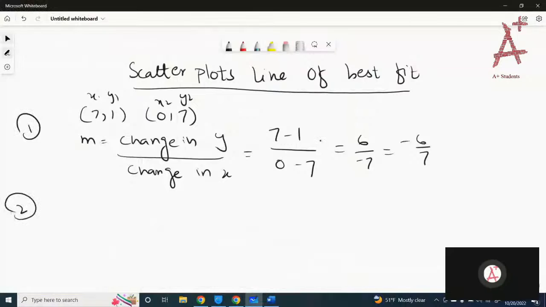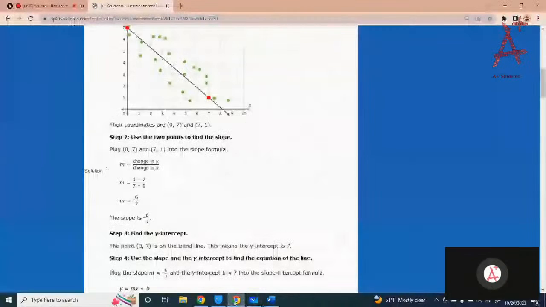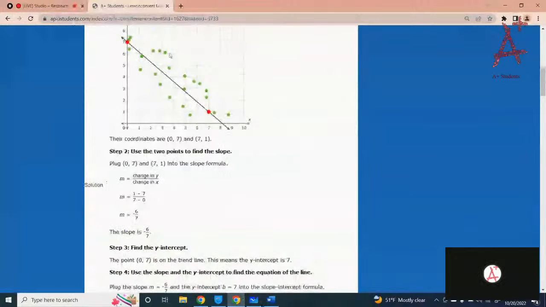For the second one, you have to find the y-intercept. So y-intercept means the point where the graph touches the y-axis. So it would be where x is 0. At which point is x 0? It is here.